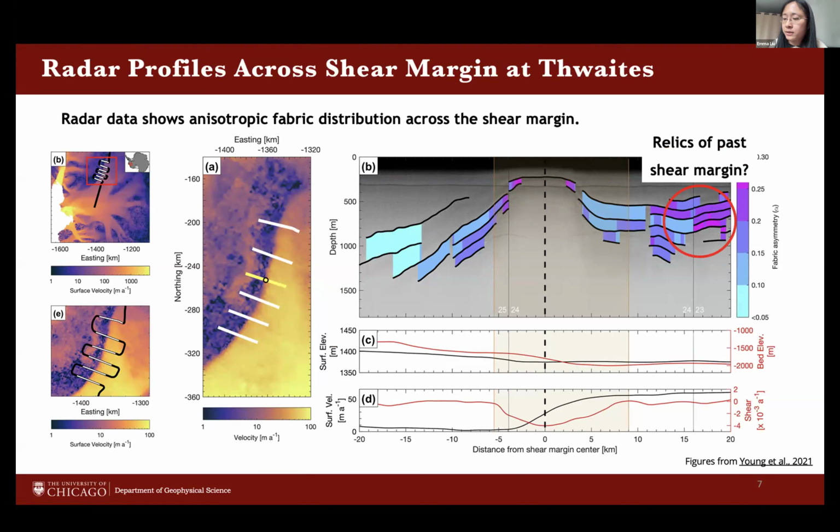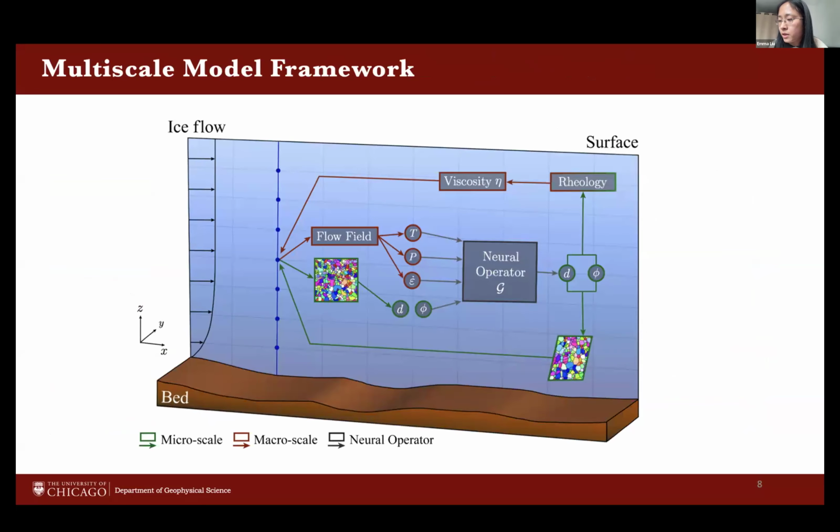To test whether this idea is plausible or not, we need a model that can simulate both shear margin scale ice flow dynamics and the evolution of ice fabrics. To do that, I used a multi-scale model that I developed earlier. It couples a glacier scale model with ice crystal physics at every grid point of the glacier model mesh. At every grid point, we assign a representative microstructure, and then we take the local flow field, things like temperature, pressure, and strain rate, and pass all of that into a pre-trained neural operator.